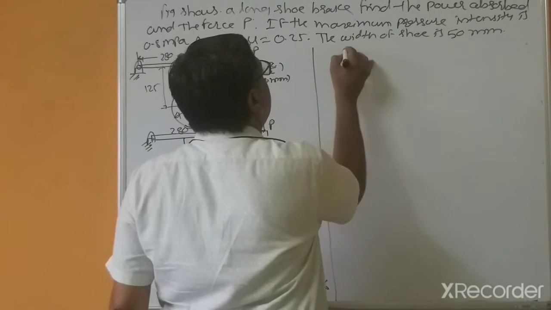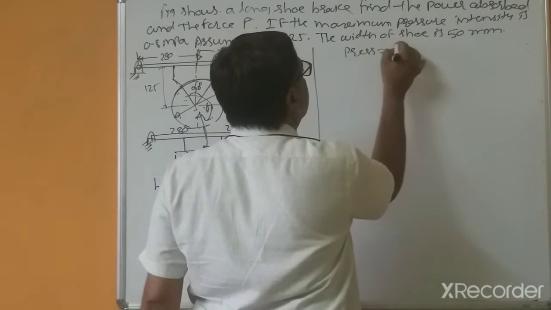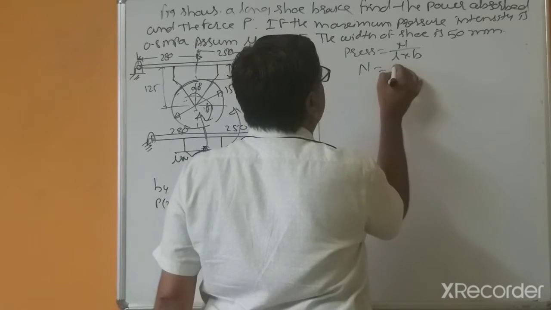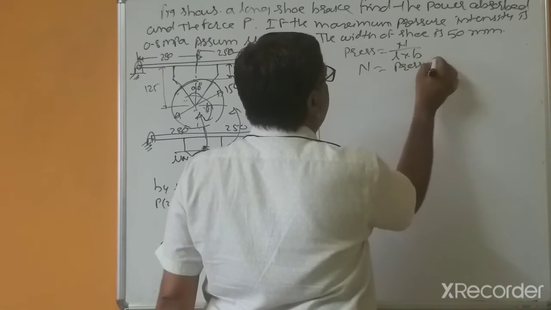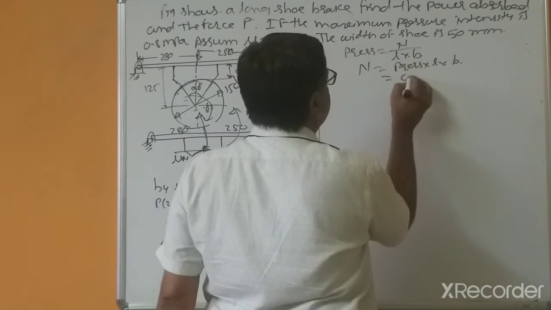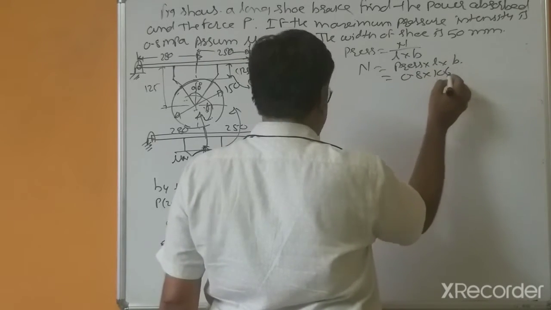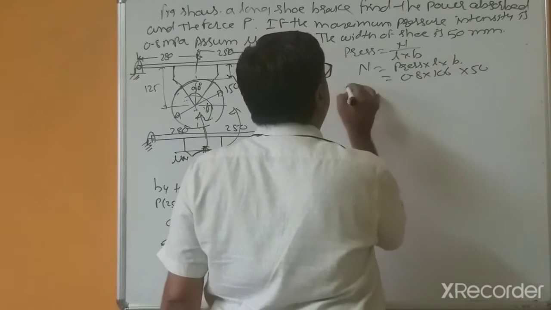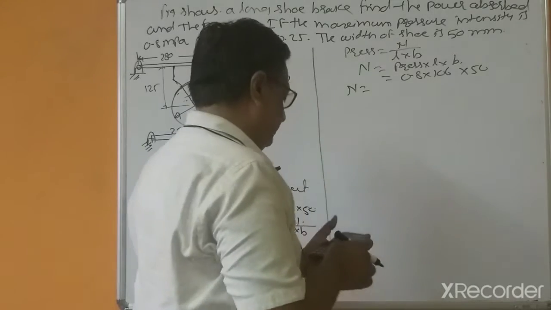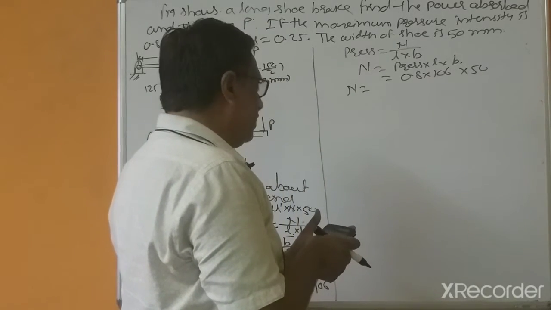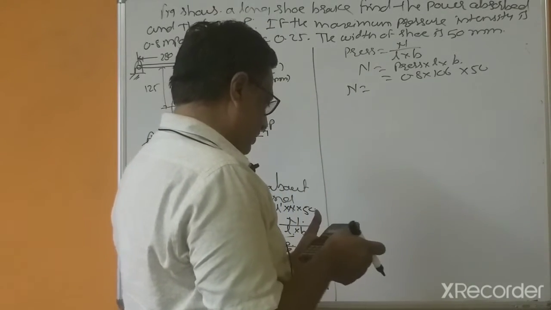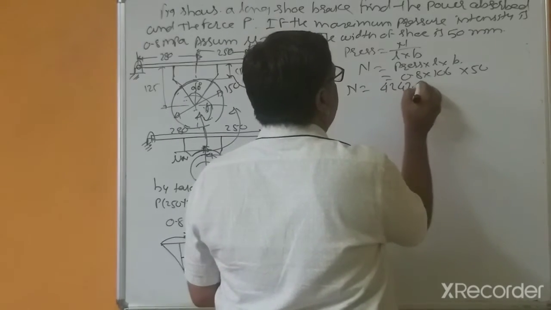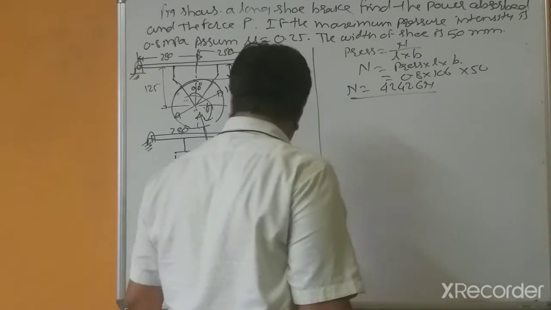So pressure equals force divided by L into B. So N equals pressure multiplied by L into B. Pressure 0.8, this is 106 point something, what will be B, and this is B. N equals 0.8 multiplied by 50, this is 42.6 Newton.